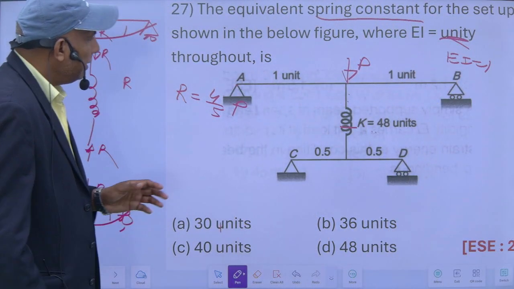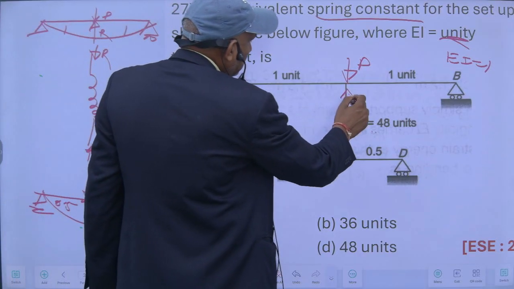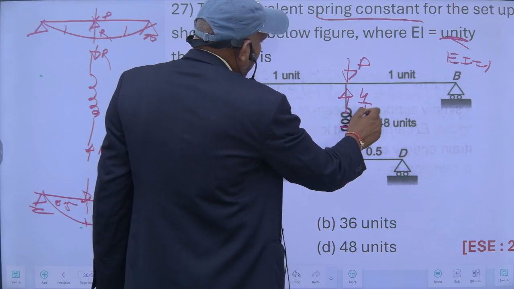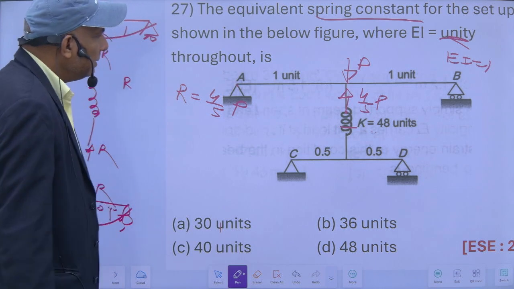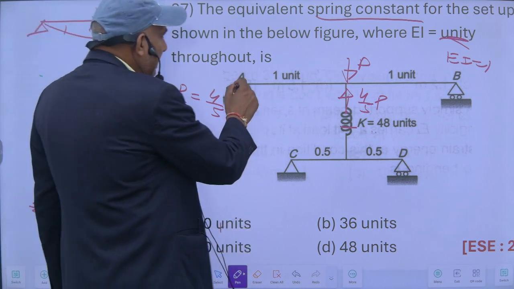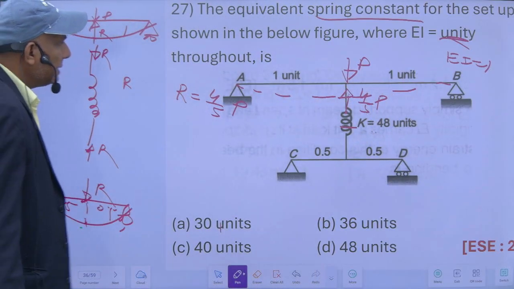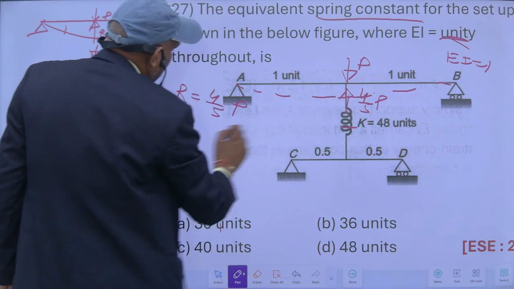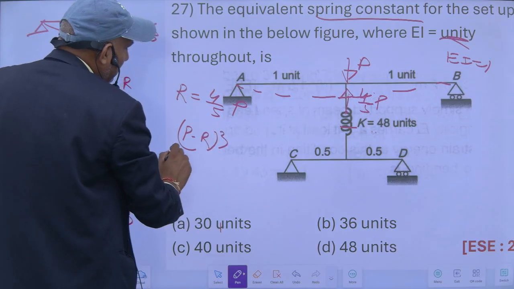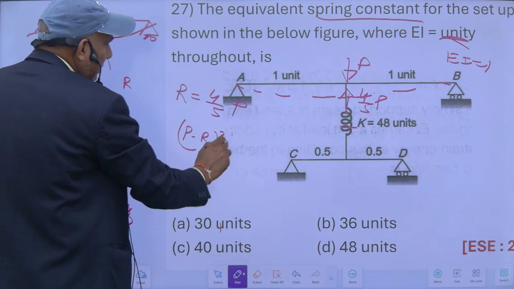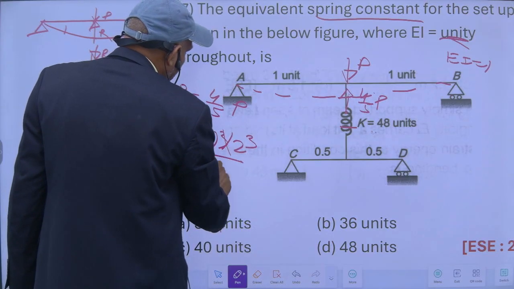So this is P and this R is 4 by 5 P. It means my net deflection at this point will be, as I know, P minus R into 2 cubed upon 48 EI.